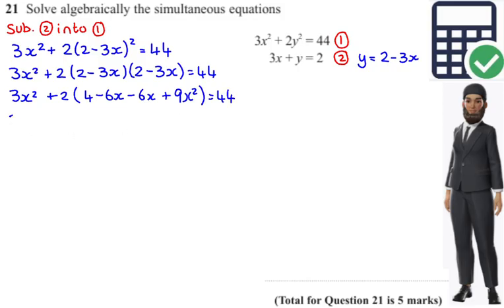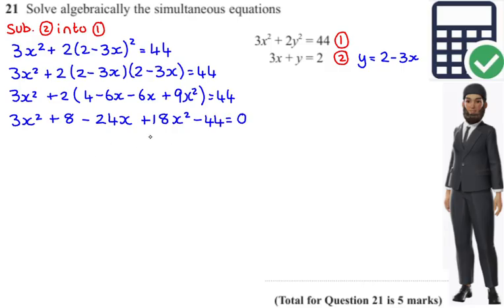Then you've got 3x squared plus 8. That's going to be minus 12x, and double it will be minus 24x, plus 18x squared, and then take away the 44 is equal to 0.